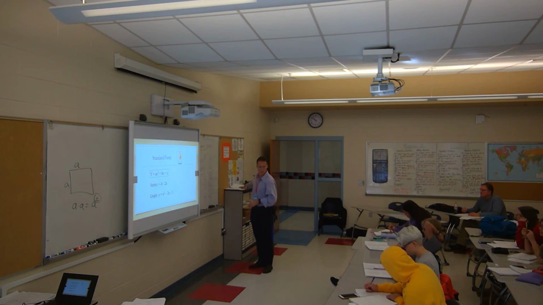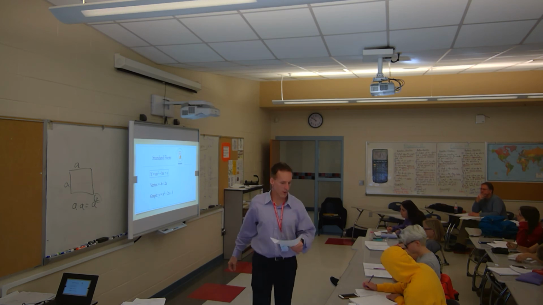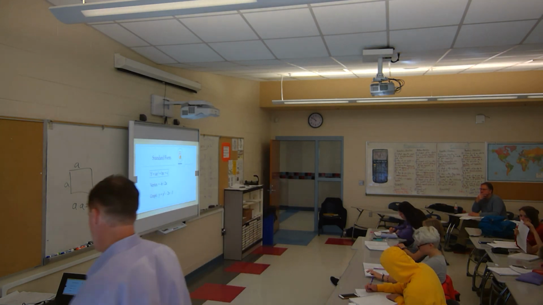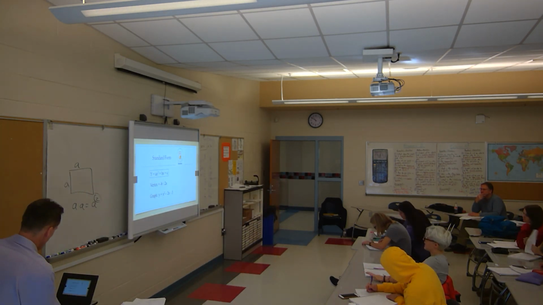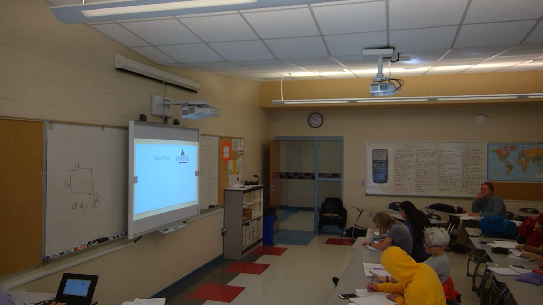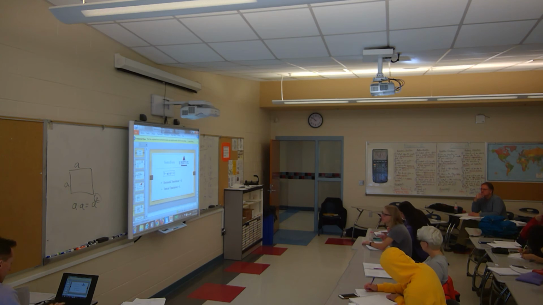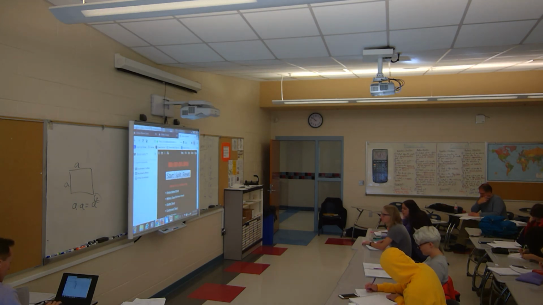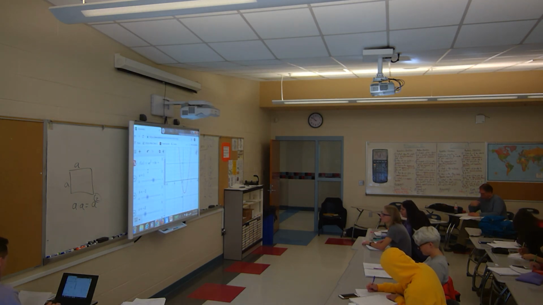What's it look like? A U. And where is that vertex? Negative 6. Well, 3 and negative 6. Yeah. All right. So we had what?